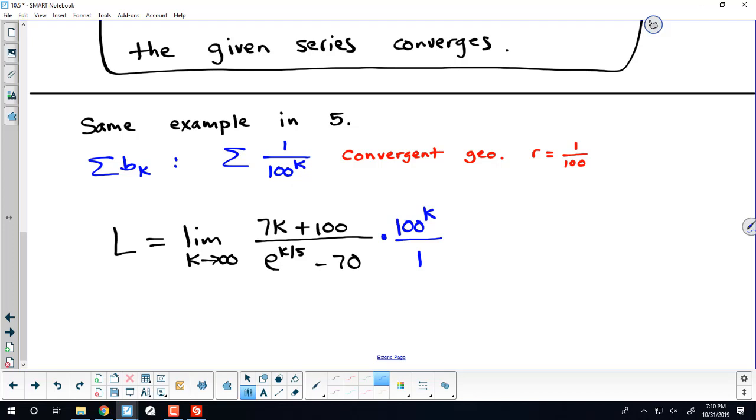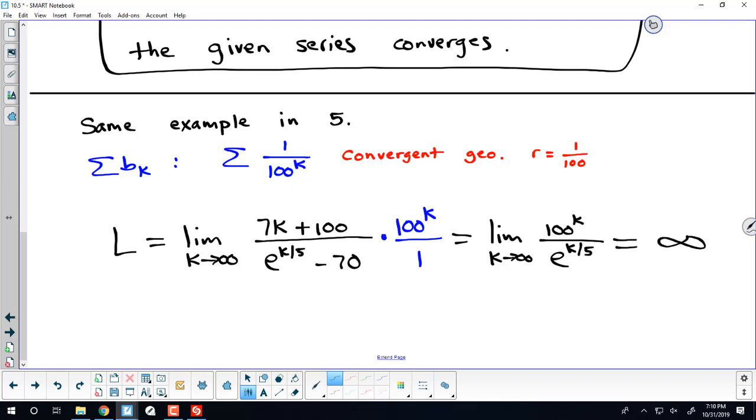Infinity, right? Because the leading term up top is 100 to the k. The leading term on the bottom is that. So again, by growth rates, larger base grows faster than the e. This is an infinite limit.